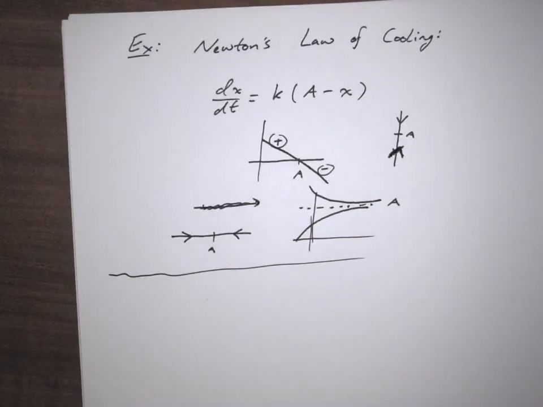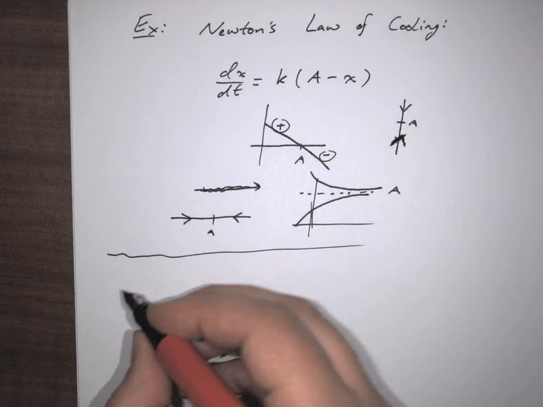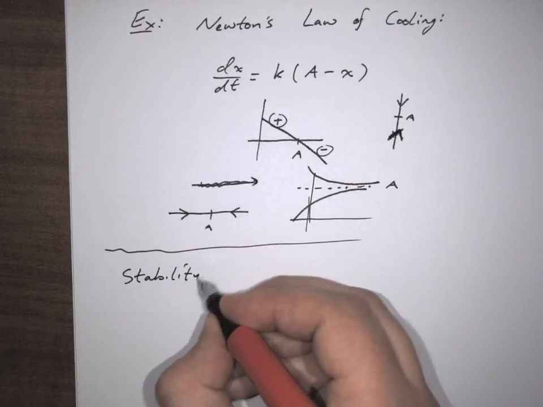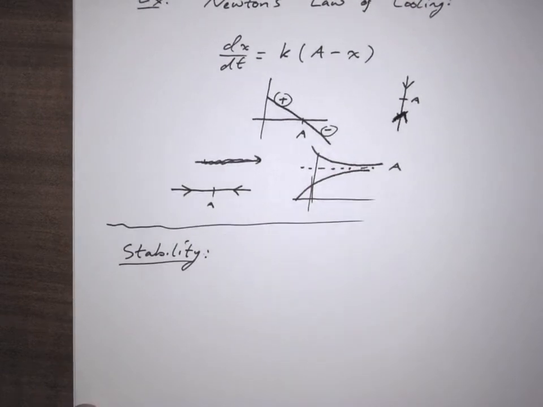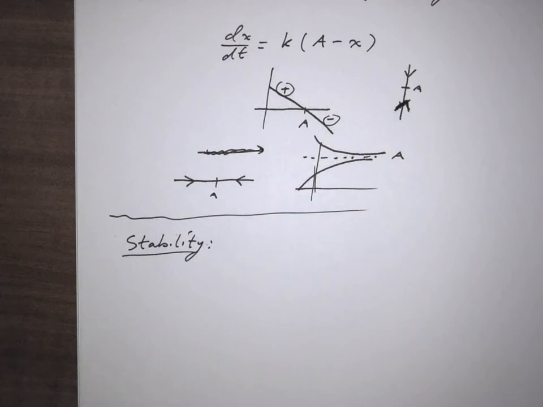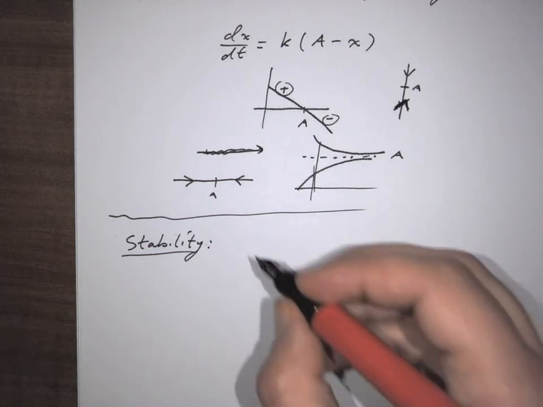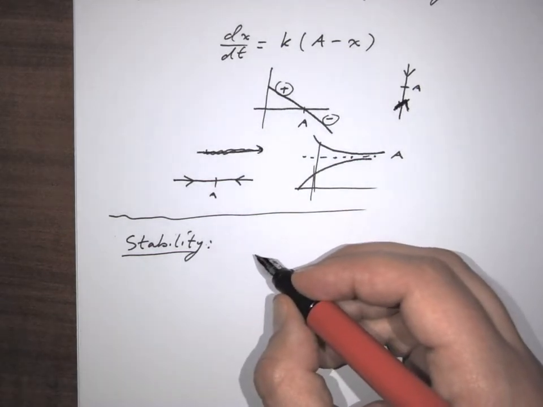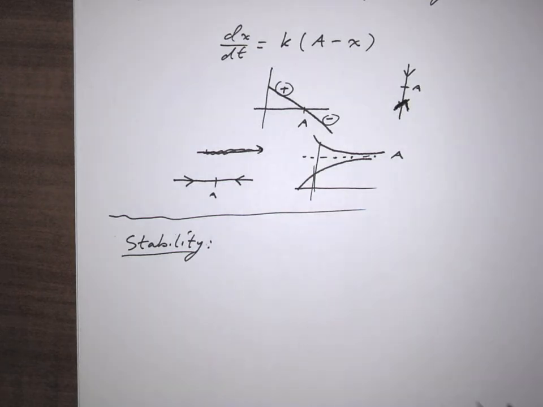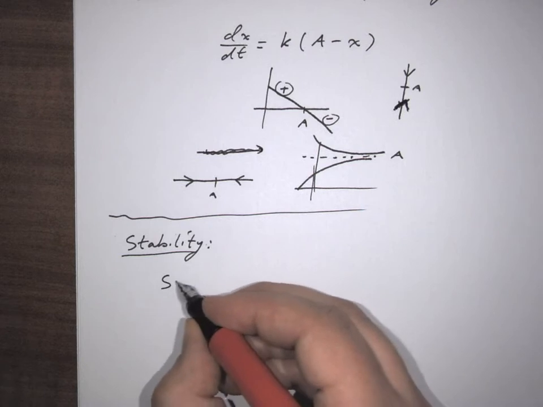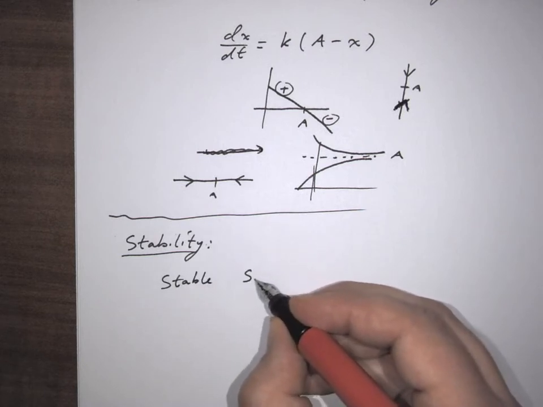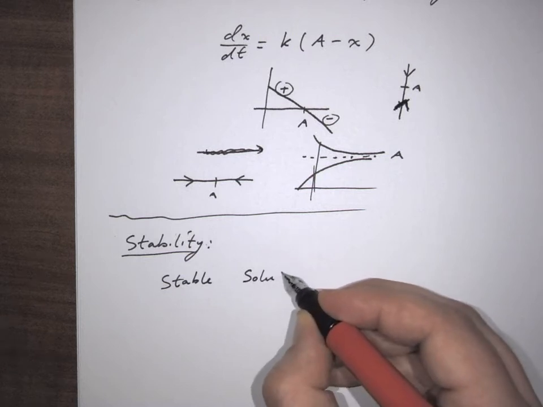All right, now stability. Stability refers to the behavior of a particular phase diagram near a certain equilibrium solution. So we can have three categories basically. There are what are called stable solutions or stable equilibria.